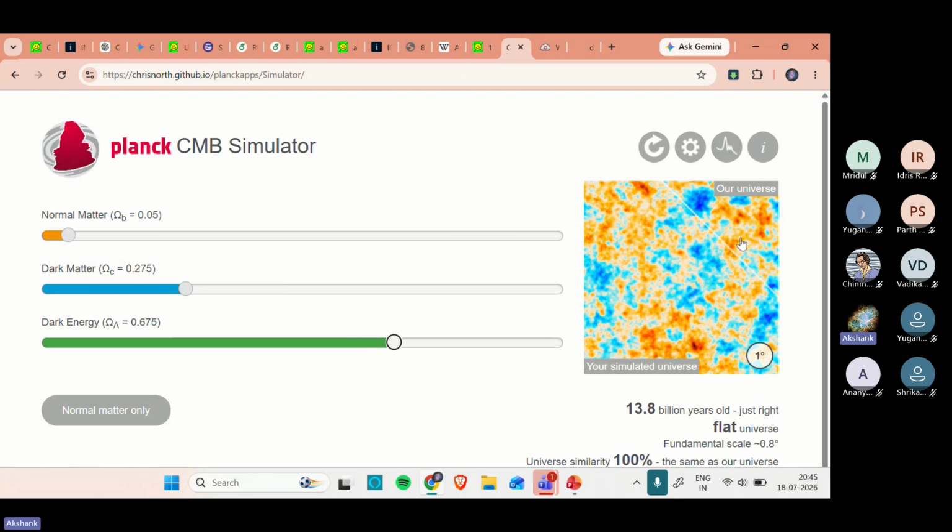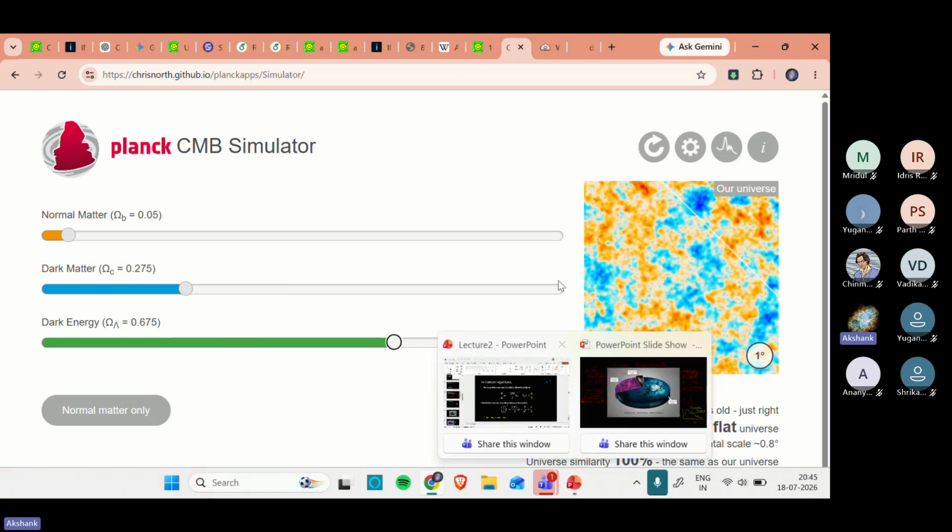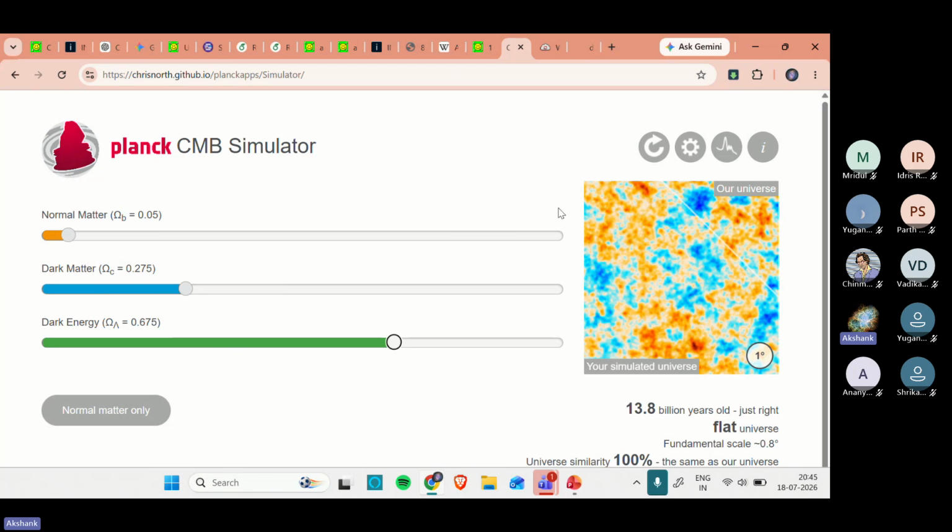You see that it has matched, right? Because we know how these spots should look on the CMB, since the early universe is so well understood in some terms. These are called the CMB anisotropies. And you see, the similarity to our universe is 100%. That's good.